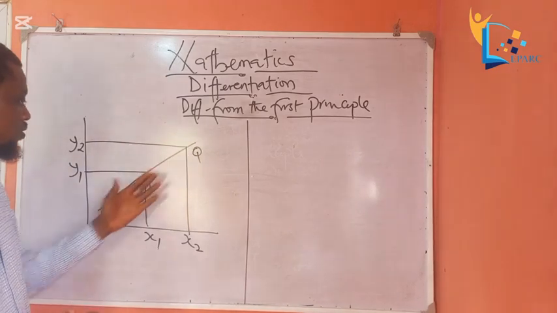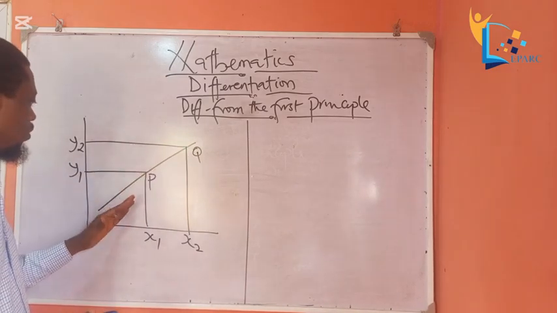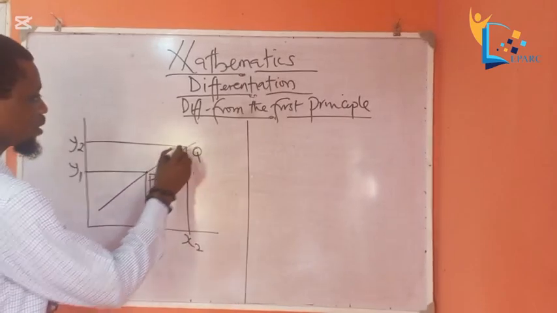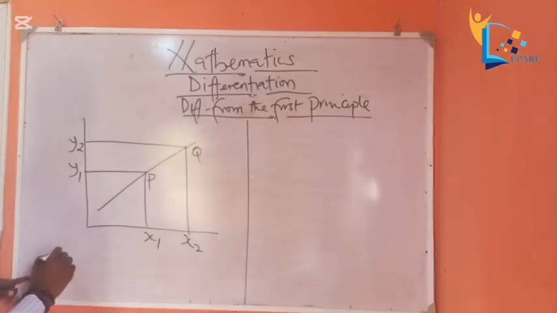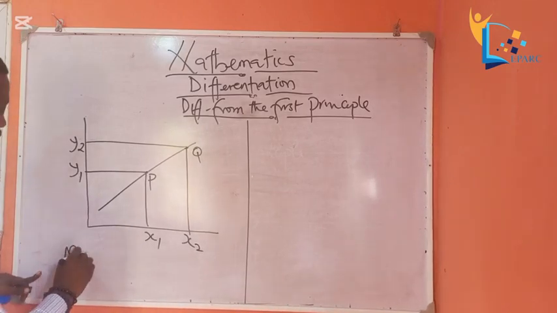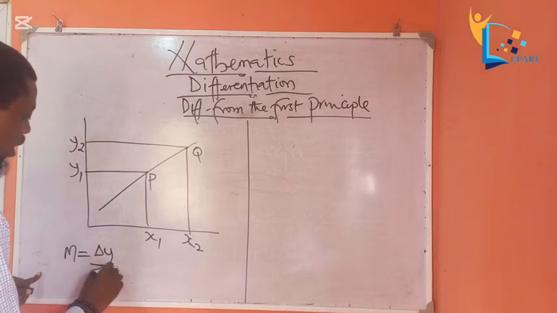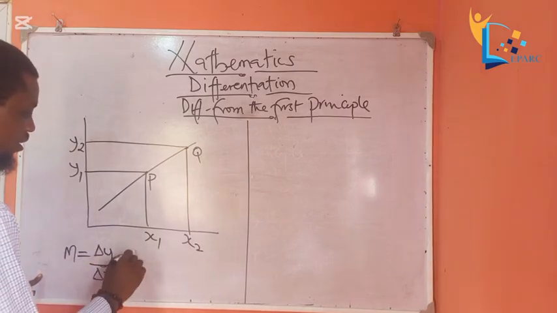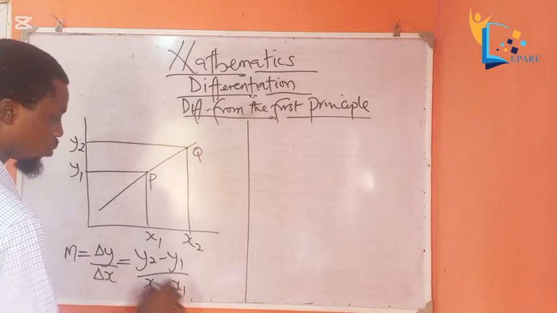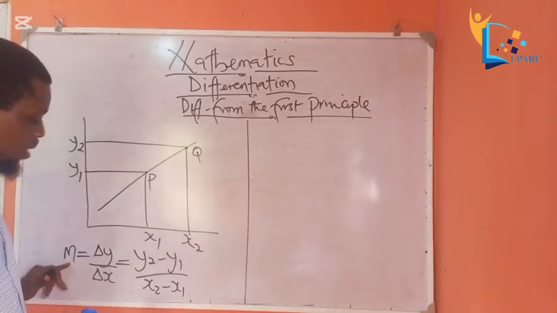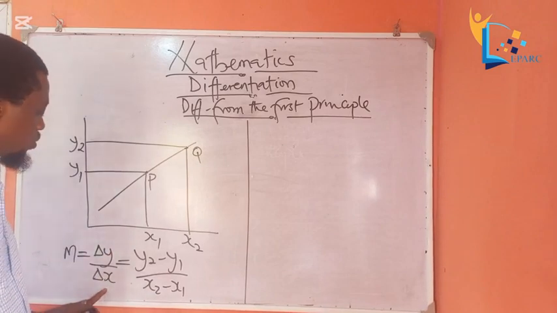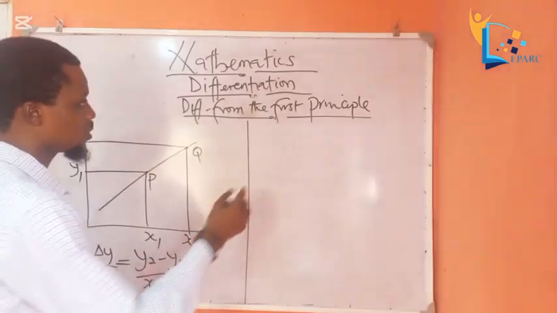Let's say we have points on our graph, point P and point Q. Now, M, which is the rate of change, which is also the change in Y over the change in X, is equal to Y2 minus Y1 all over X2 minus X1. M is our rate of change, which is the same thing as change in Y all over change in X.